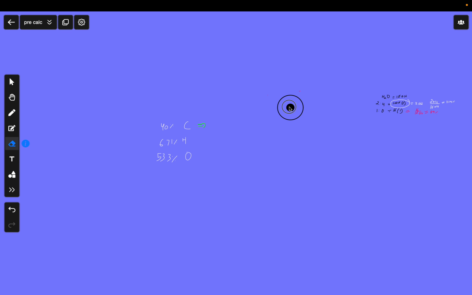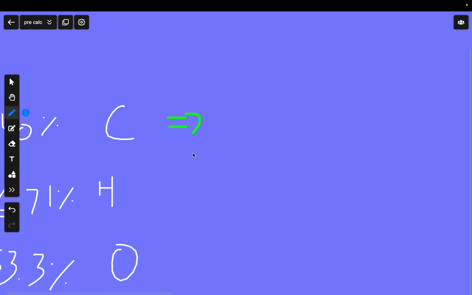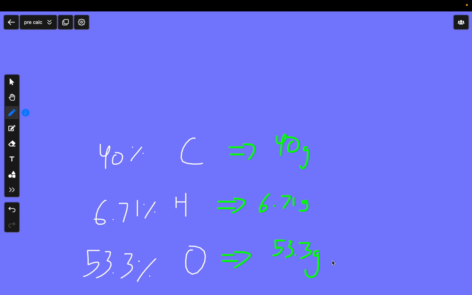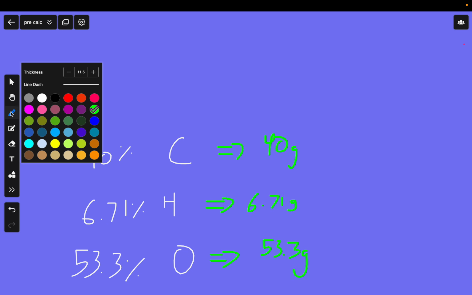So 40% carbon will turn to 40 grams of carbon. This will turn to 6.71 grams of hydrogen. And this will turn into 53.3 grams of oxygen.